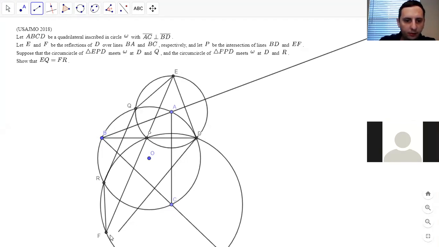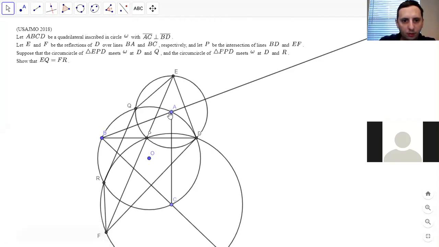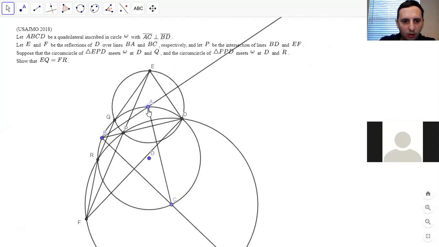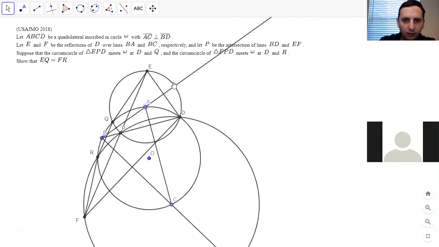Is DE tangent to that circle and DF tangent? Looks like it. That's probably an angle chase, I'm guessing. So let's say we know by an angle chase that DE and DF are tangent. Oh no, DF isn't necessarily tangent. You can see it right here. Okay, so they're not necessarily tangent.